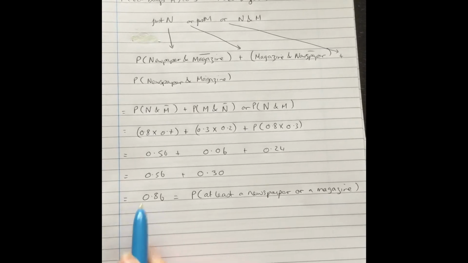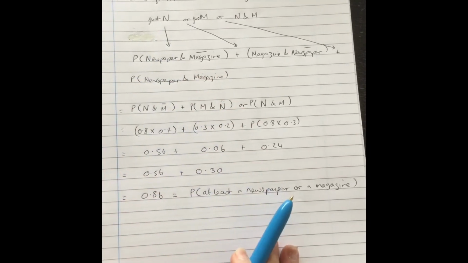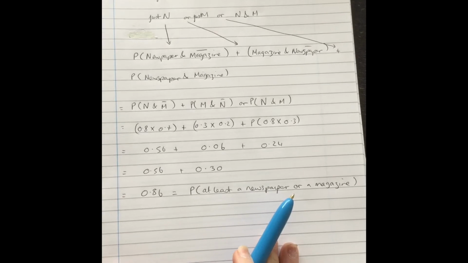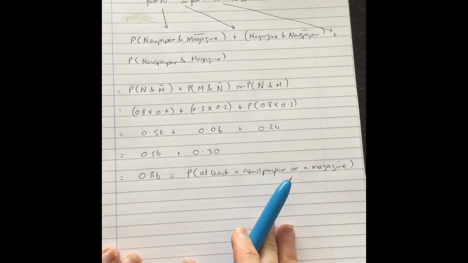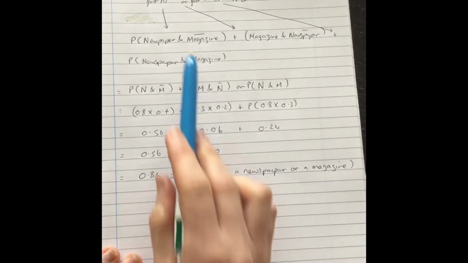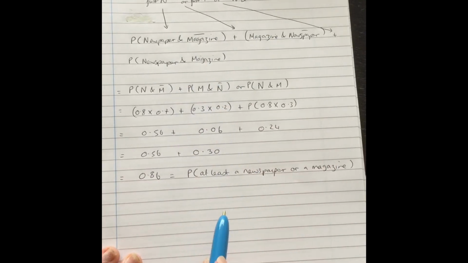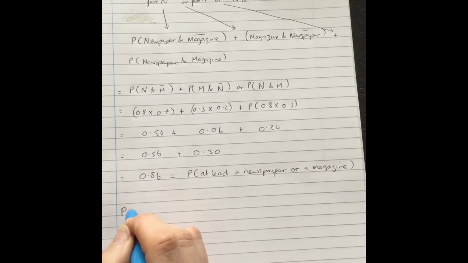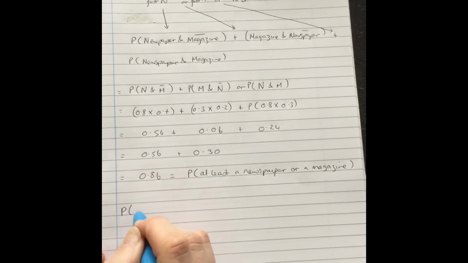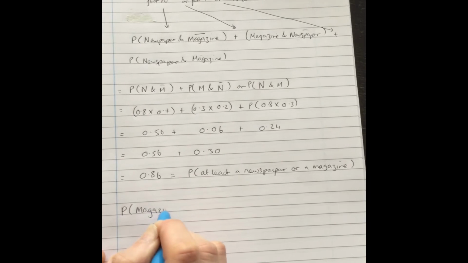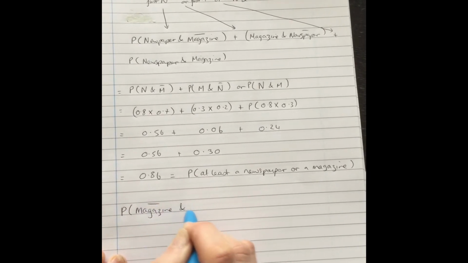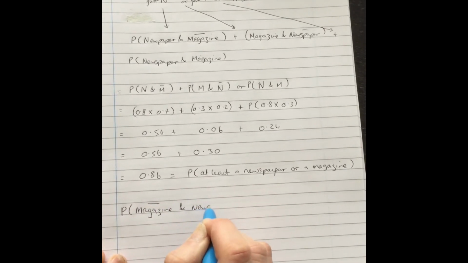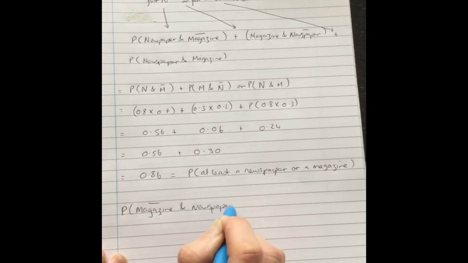Now, this seems like a lot of effort for just the 3 marks that are allocated to the question. If you look carefully, you notice that the only thing that has not been considered was the probability of not buying either. So the probability of not buying a magazine and not buying a newspaper was not considered.